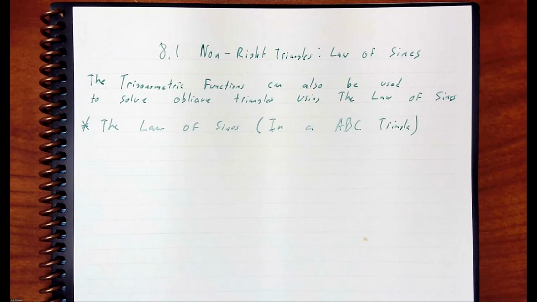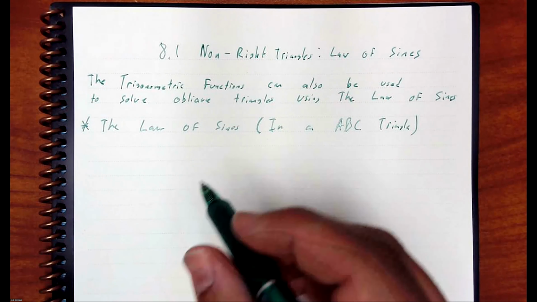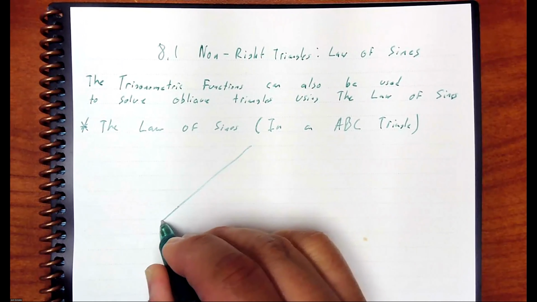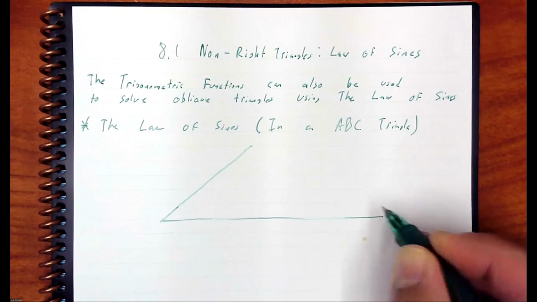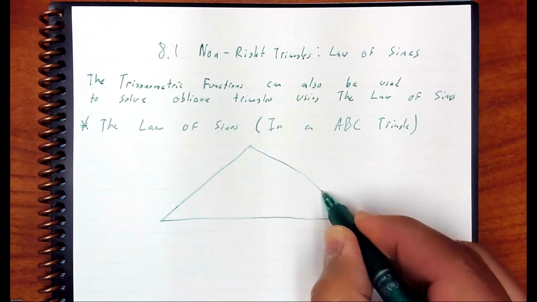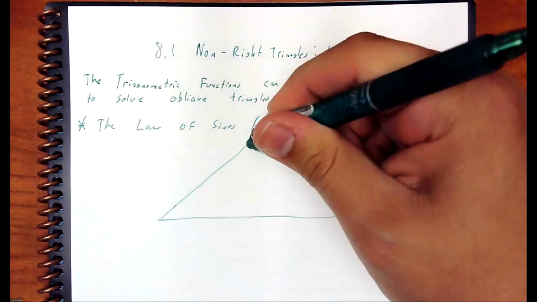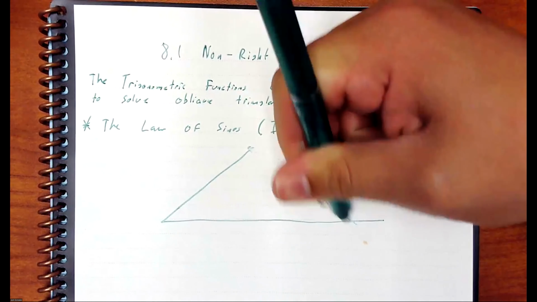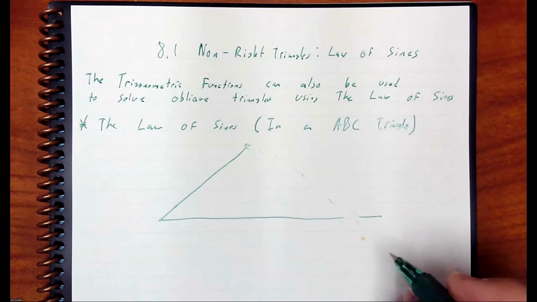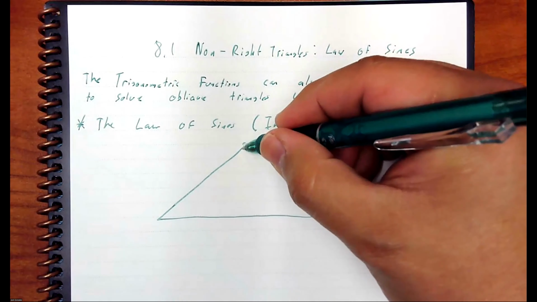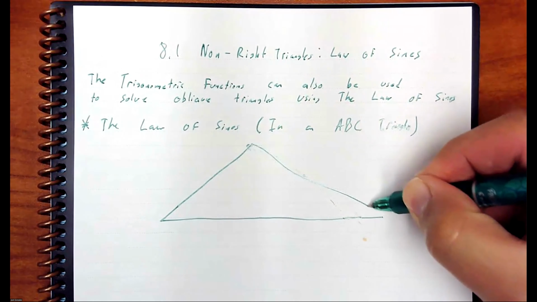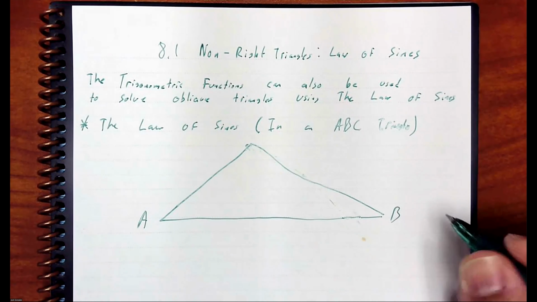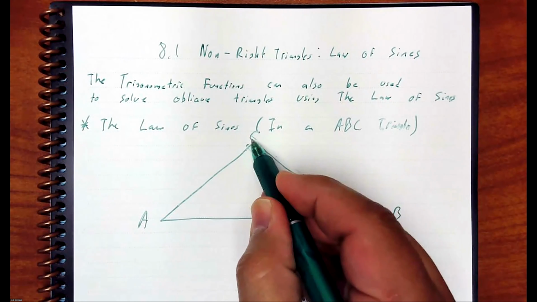So given the triangle that I'm going to draw in a moment, given this triangle, our angles A, B, C are over here.